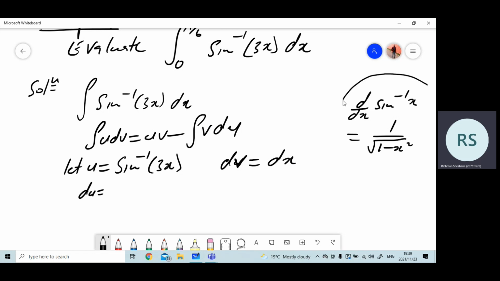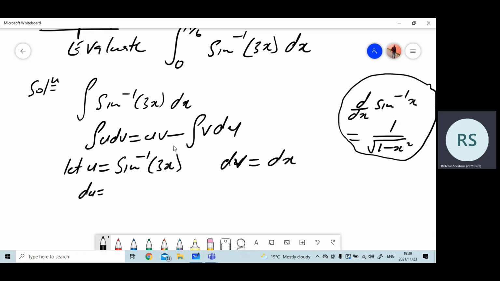So now I want to derive sine inverse of a function, so we need to apply the chain rule after we use this formula.